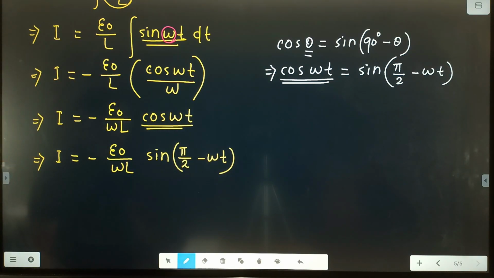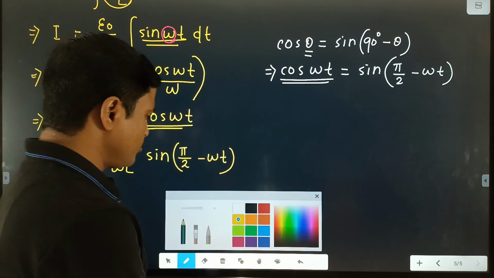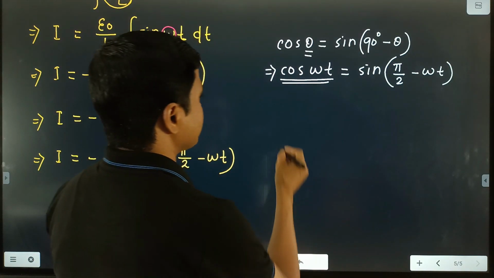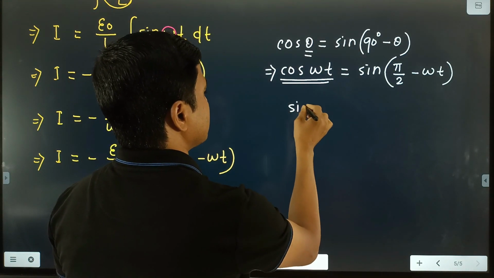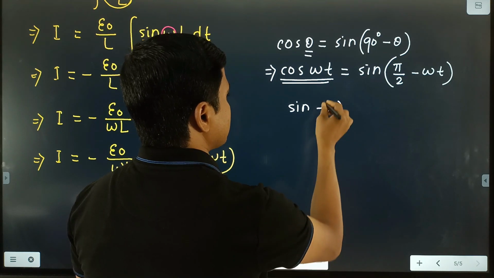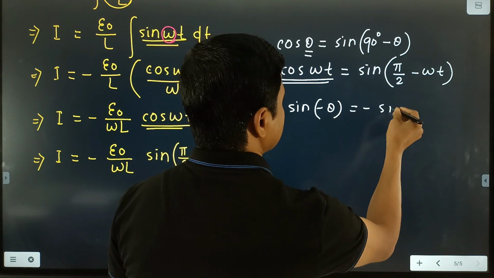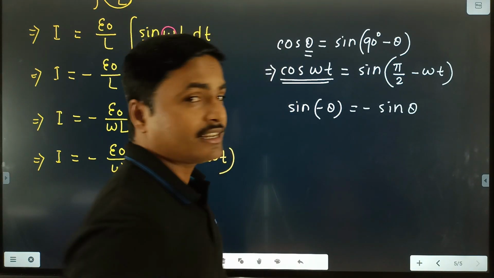Clear? Here again we put another trigonometric equation: sin of minus theta is equal to minus sin theta.